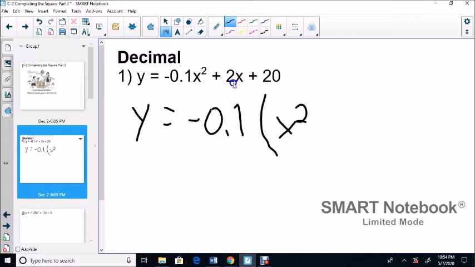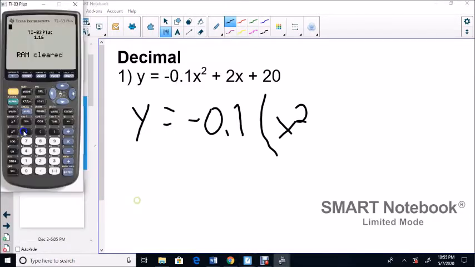Now I take the 2 and I divide it by negative 0.1. So I go to my calculator and I take the 2 and I divide it by negative 0.1. Not 0.01, not 4 and not 0.1, just 1.